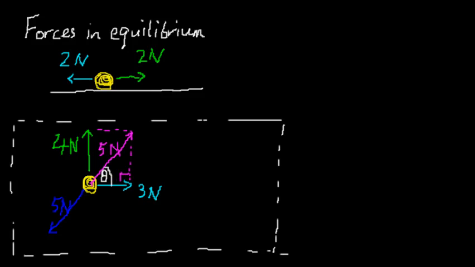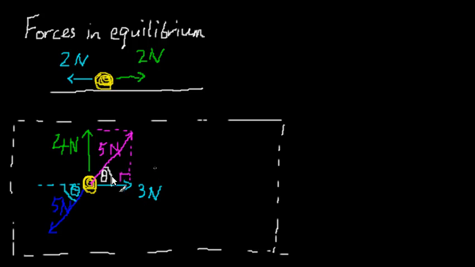And the opposite direction, how would we describe the opposite direction? Say, if I draw this line along the 3 newton force, the direction of the 5 newton force must also have an angle of theta here. So it must be the same angle as this angle.